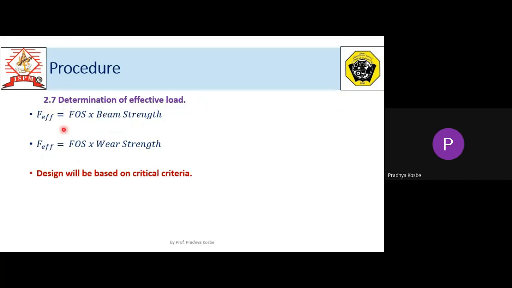After that, F effective is equal to factor of safety into beam strength, and F effective is equal to factor of safety into wear strength.